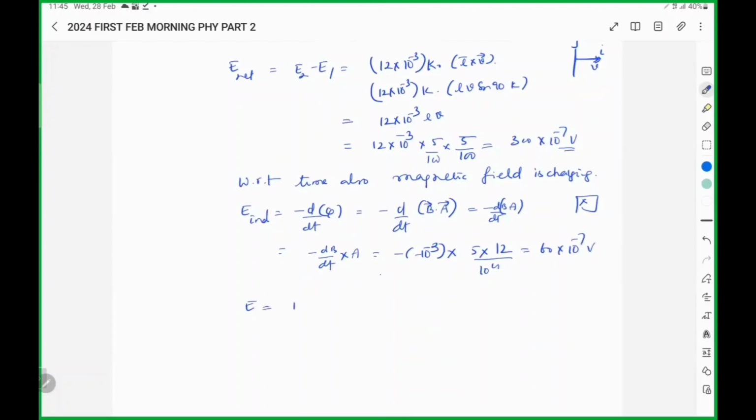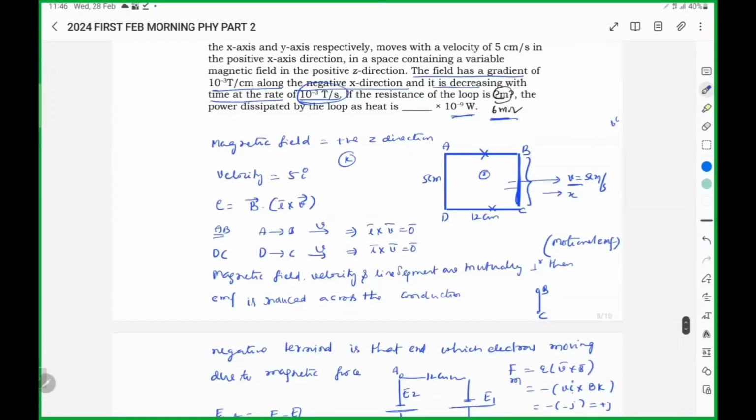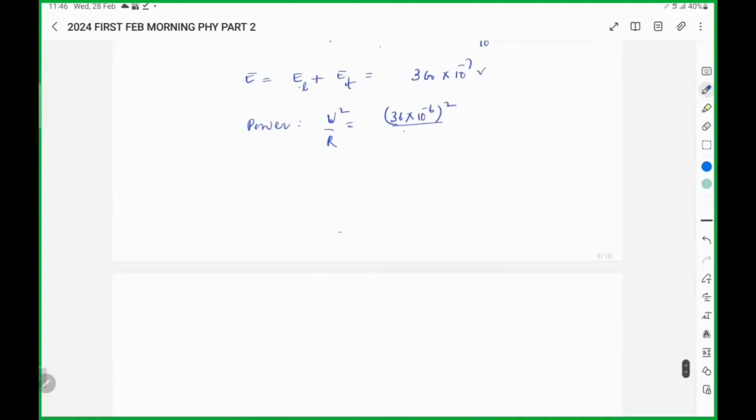Total EMF induced is one due to change with respect to distance, other with respect to time. Adding these two, 360 into 10 power minus 7 volts. So power is nothing but V square by R, that is 36 into 10 power minus 6 whole square by resistance, given as 6 milliohm.